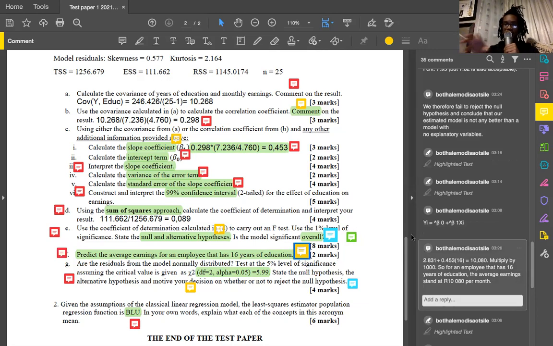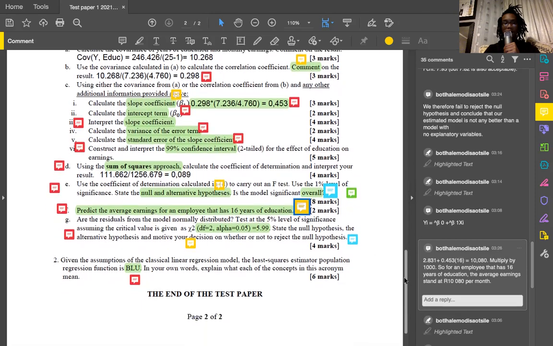You just replace x with 16, then you should get an answer of 10,08. But remember, we are talking about earnings which are in thousands. So the answer doesn't stop there. You multiply that answer by 1,000, and then you say that the average earnings for an employee that has 16 years of education stands at 10,080 Rand per month. I hope this one made sense.